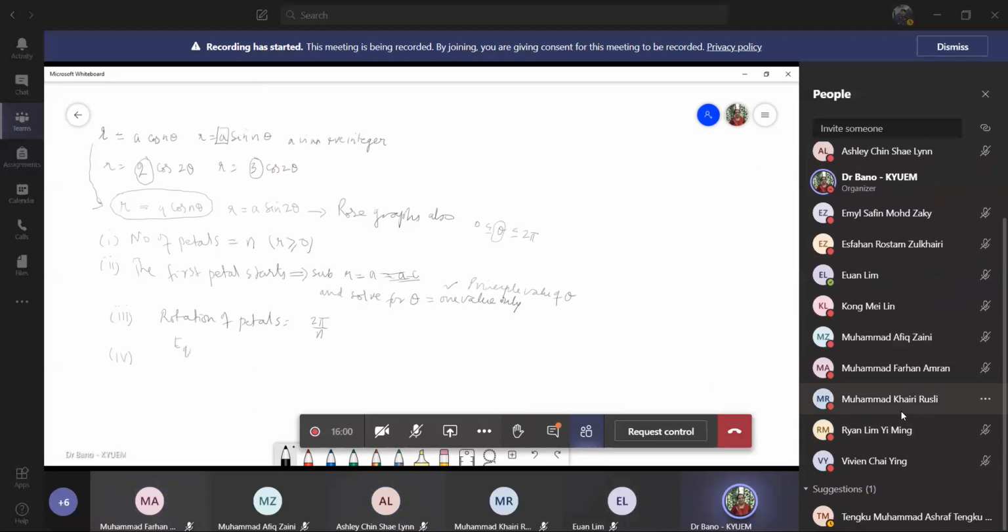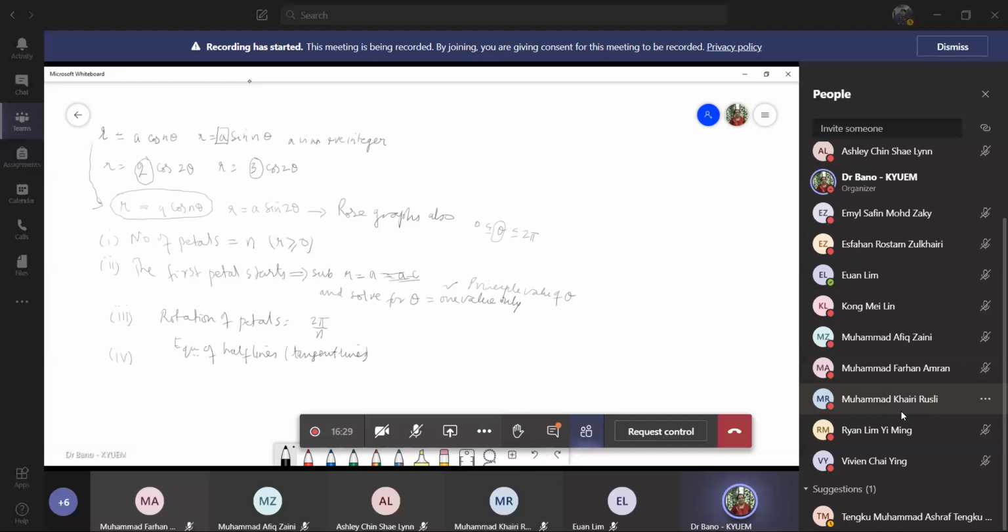Now here you got number 4, equation of half lines. These half lines I'm using for the first time, which means tangent lines. We require these lines when we have to find out the area of the petals.